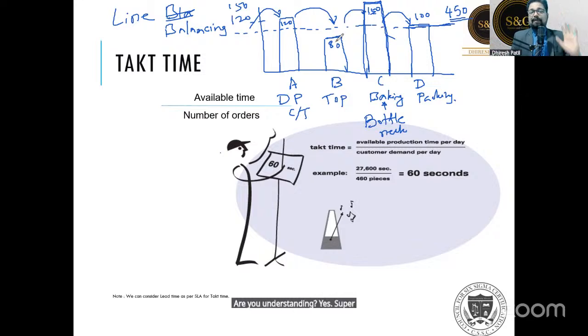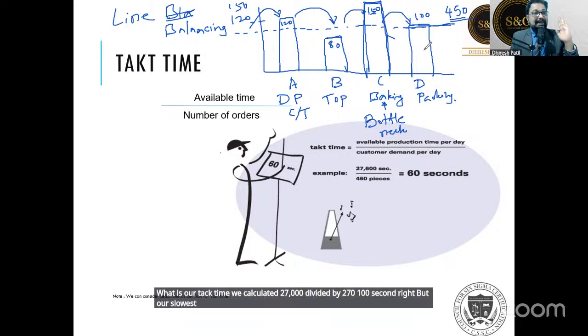Now listen to me very carefully. What is the takt time we calculated? 27,000 divided by 270, 100 seconds, right? But our slowest process is 150. So compared to our takt time, there is a gap of 50 seconds. So we cannot produce 270 pizzas with this pace.